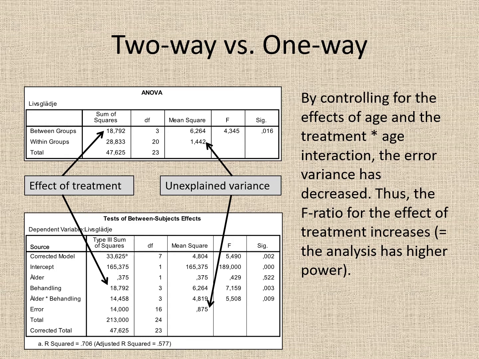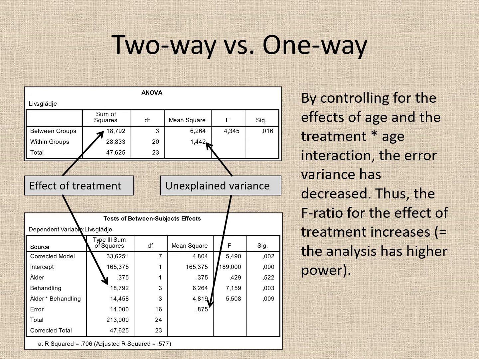And much more so because some of the variance in life satisfaction, well, quite a bit of it, is explained by the interaction between treatment and age. In the first analysis, because the age by treatment interaction is not included in the model, it becomes error variance.